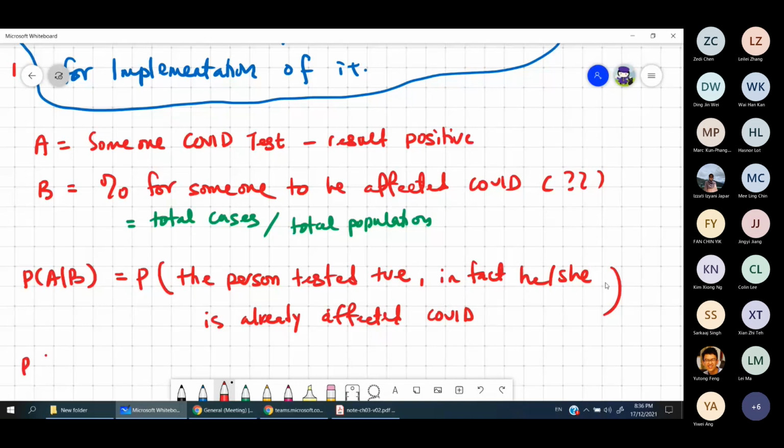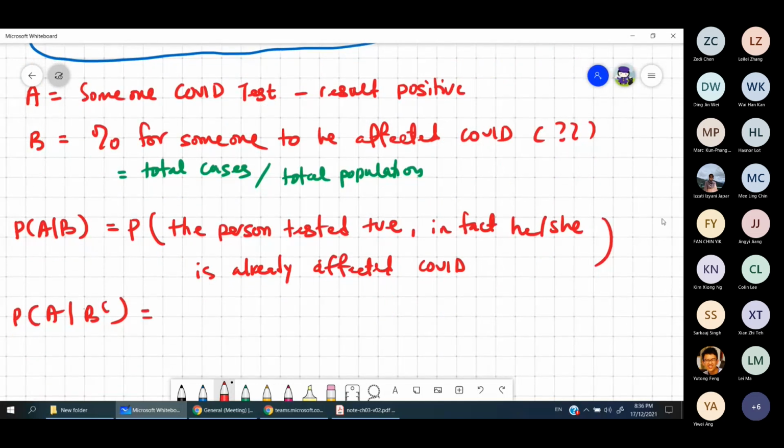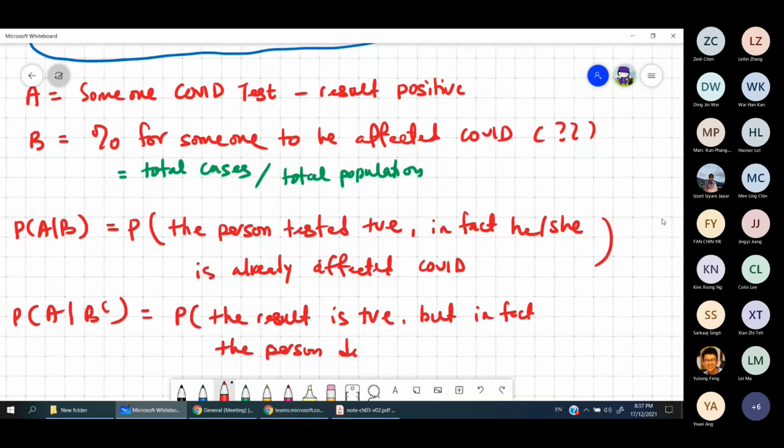So how about the other one? A, not B. This one, the result is positive, but in fact the person is not affected.